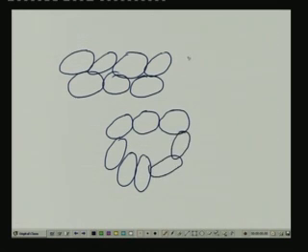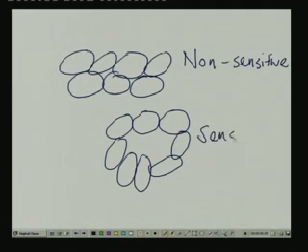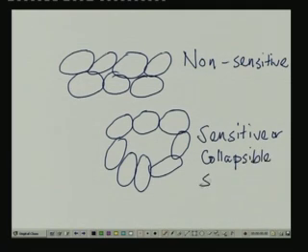This one is called a non-sensitive structure, and this is called a sensitive or collapsible structure.